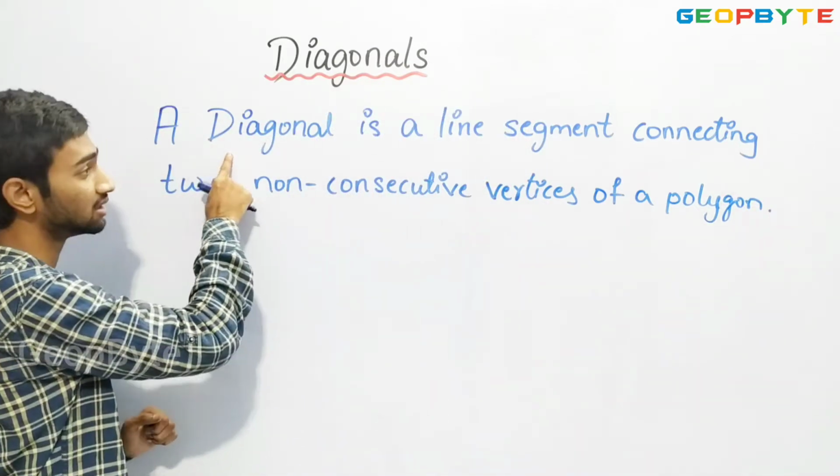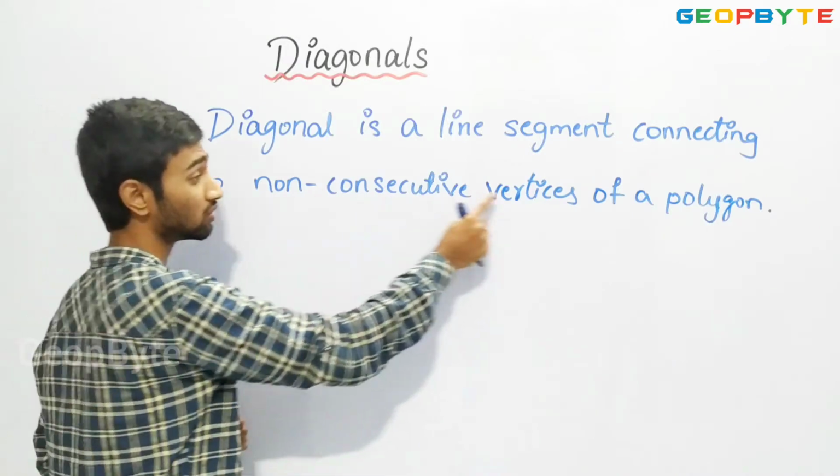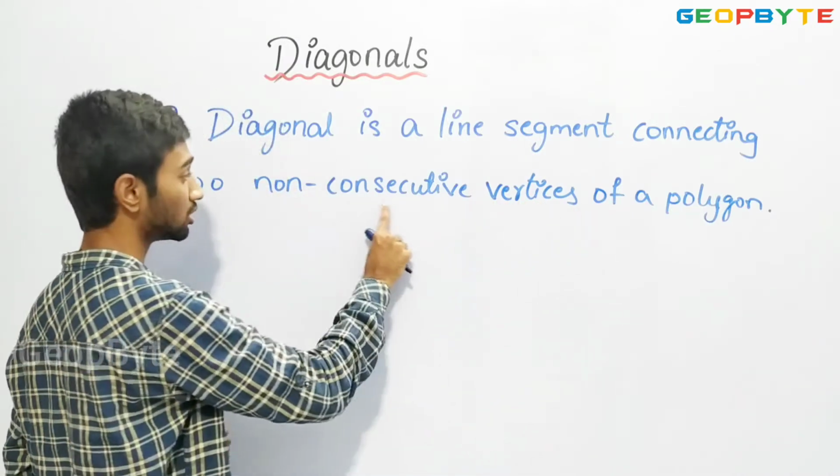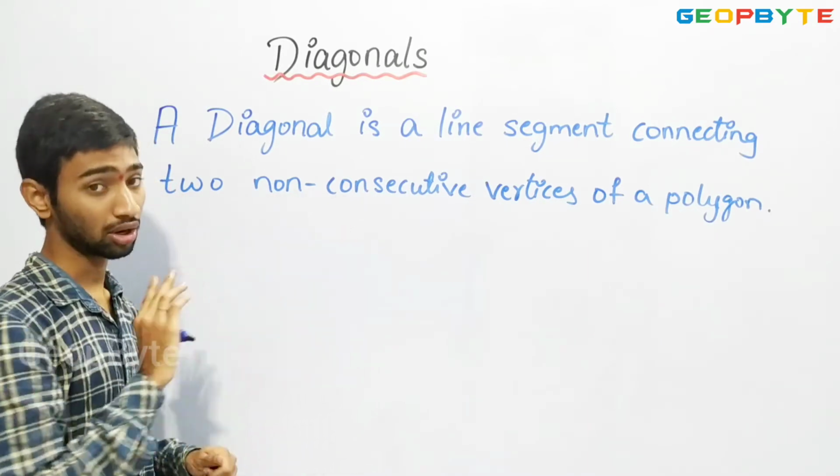Consecutive means side by side. Non-consecutive means not side by side.